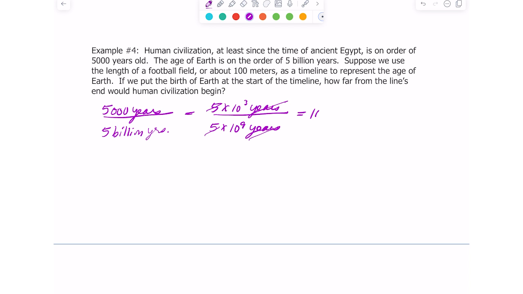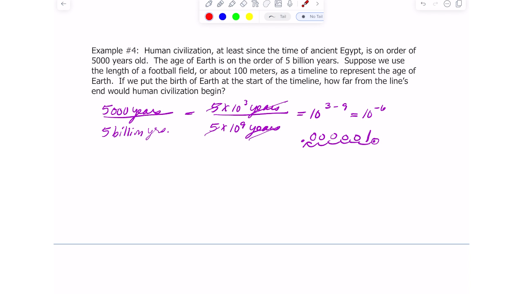And again, when you're dividing like bases, you just subtract the exponent. So 10 to the third divided by 10 to the ninth is really just 10 to the 3 minus 9, or 10 to the negative sixth. Okay, what does that mean? Well, 10 to the negative sixth is a 1 with 5 zeros before it.